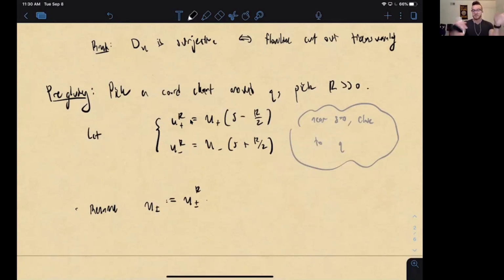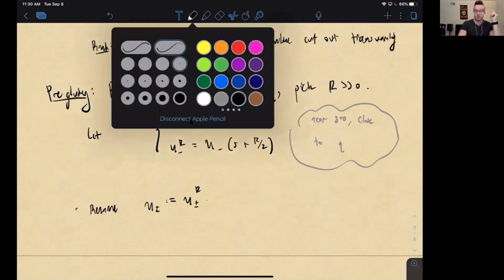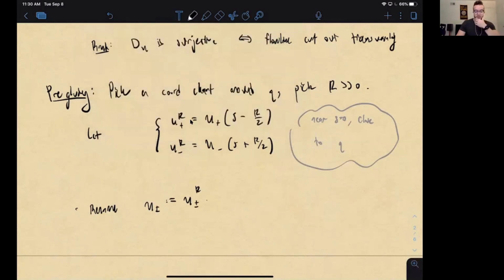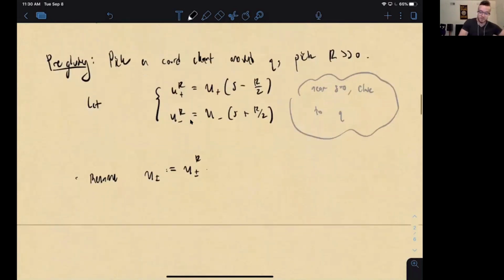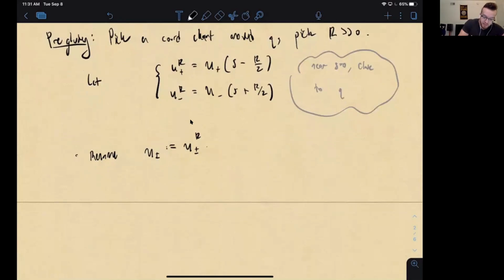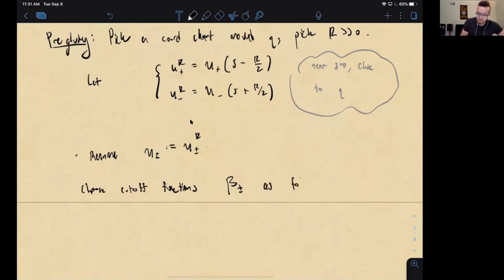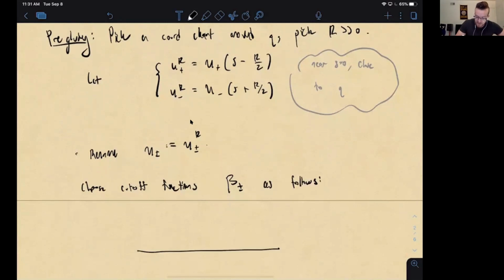Okay, so we've shifted so that near S equals 0, each of these flow lines is very close to the critical point Q, and then to interpolate between them, we're going to use some cutoff functions. So next I'll choose cutoff functions beta plus and minus as follows. I'll just draw a picture of them. Here's S. Here's S equals 0.